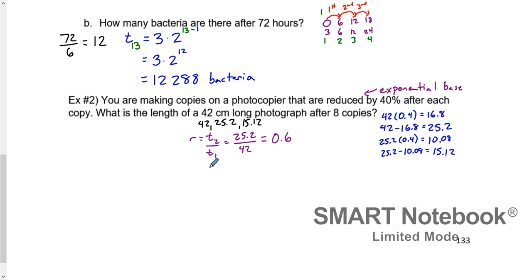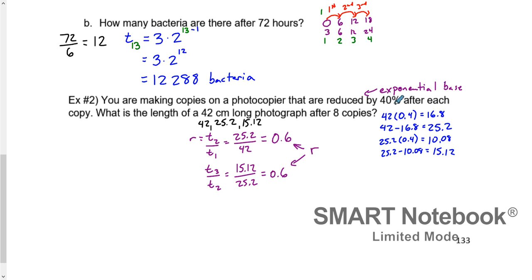We can get the exact same ratio by taking term 3 and dividing by term 2. So 15.12 divided by 25.2. If you type that into your calculator, you also get 0.6. This is actually our R.